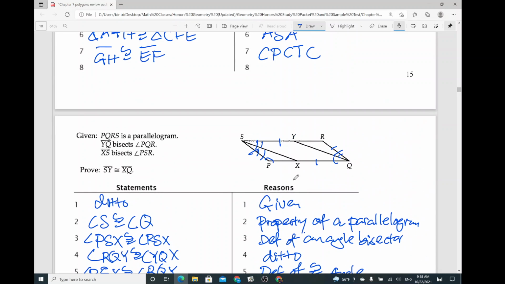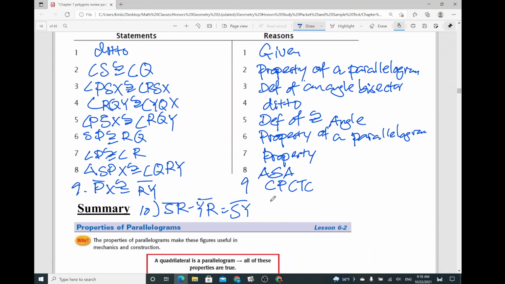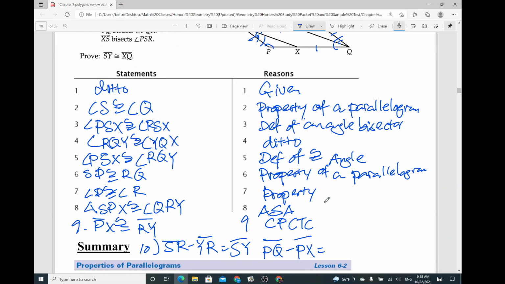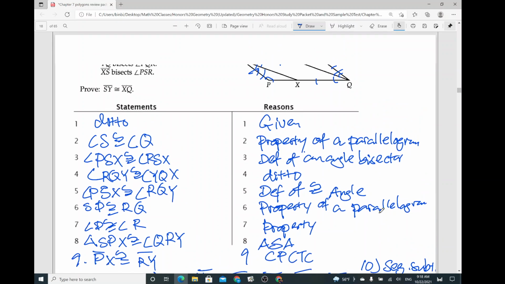And within the same statement, you can state that PQ minus PX, which is the same as QX. This one is all about the segment subtraction postulate. And finally, step 11, just state that SY is congruent to QX by the definition of congruent segments. It is a long proof, so you've got to be very careful.